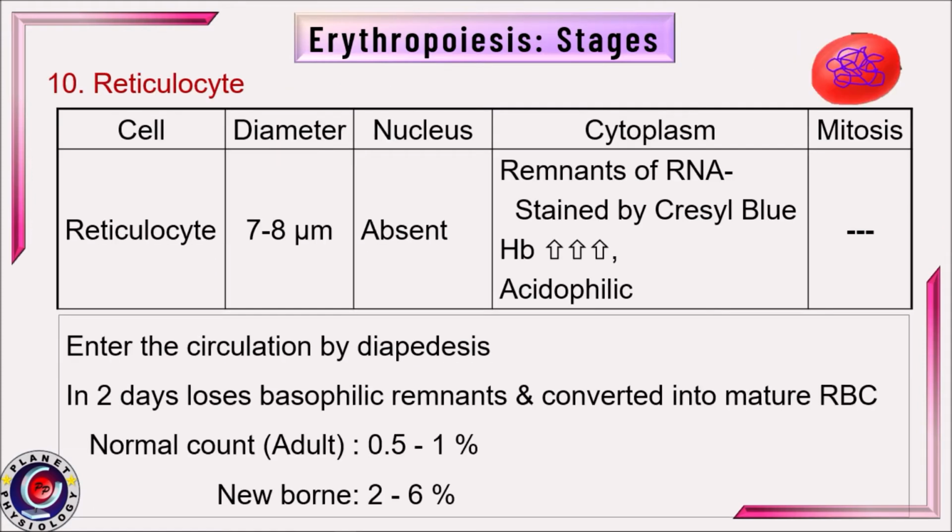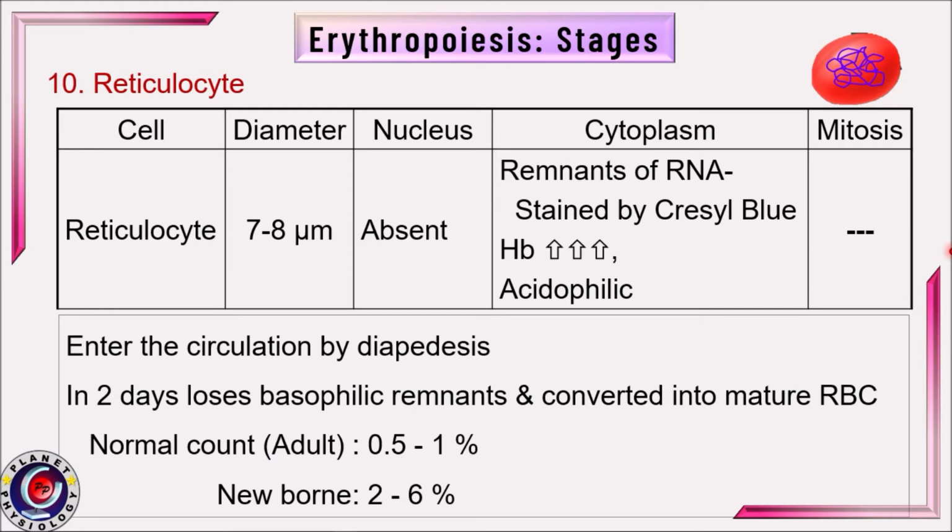It gives rise to reticulocyte. Reticulocytes are 7 to 8 microns in diameter. They lack nucleus, and remnants of RNA can be seen in this cell whenever stained by supravital stains like brilliant cresyl blue, and that is the reason it is called reticulocyte. These remnants appear like reticulum, so the name reticulocytes.